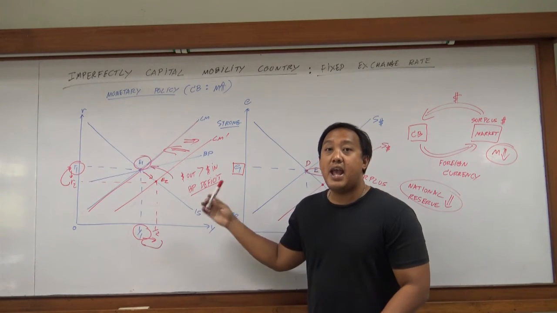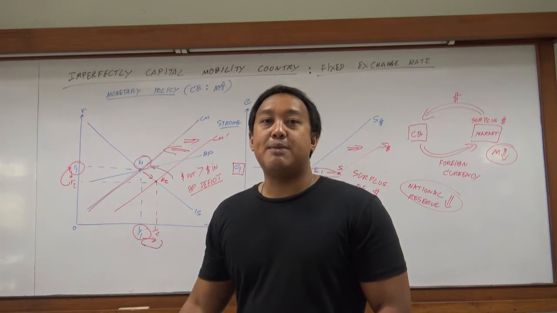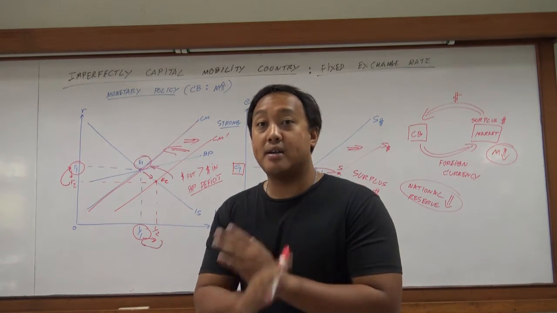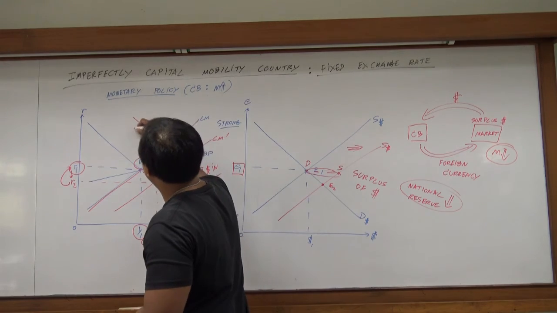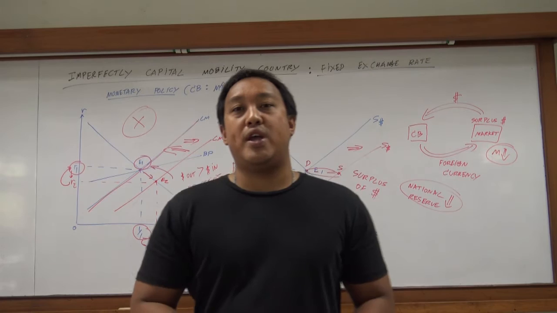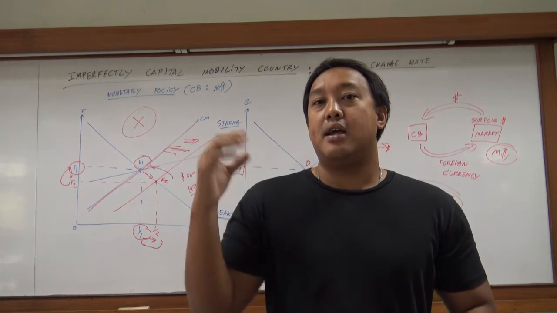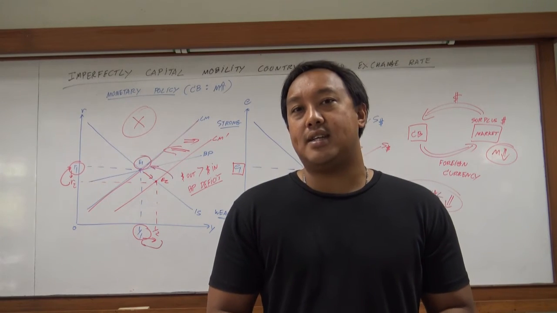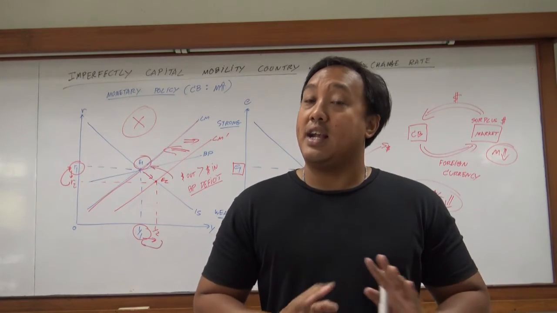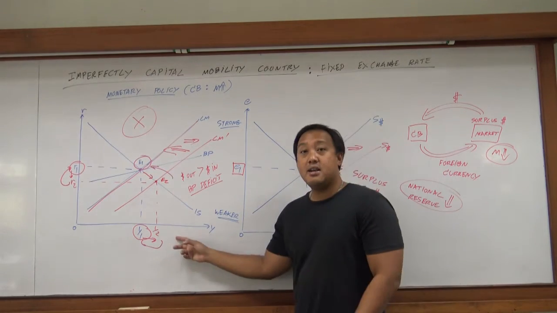Okay? So what this means in the end is that the monetary policy doesn't work. If your country has imperfect capital mobility and uses a fixed exchange rate system, your country cannot use monetary policy because it doesn't work.